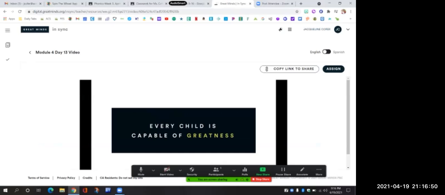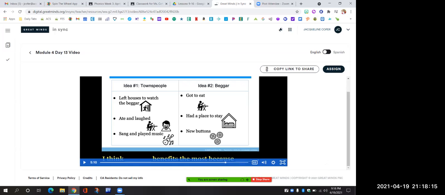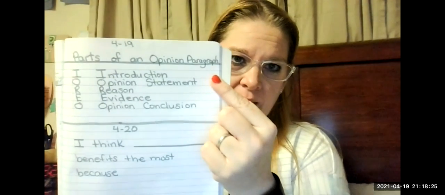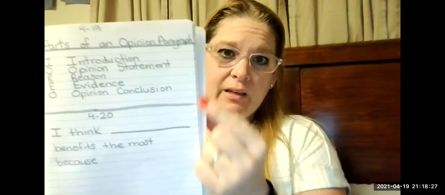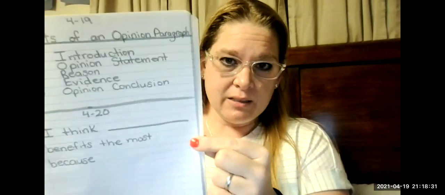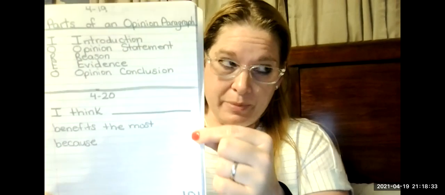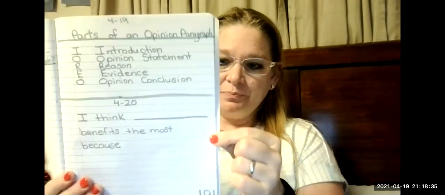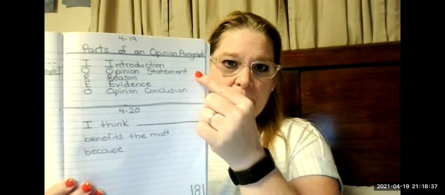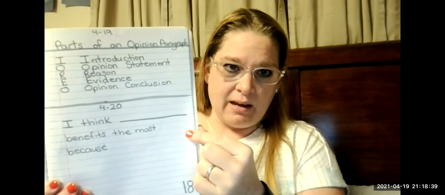Okay, short lesson. Okay, so we are going to open up our journal to page 181. Remember yesterday on page 181, we wrote the I Oreo. Today we're going to write our opinion statement beginning. So this is our opinion statement, the I think blank.